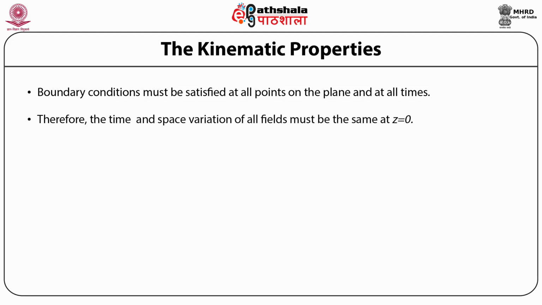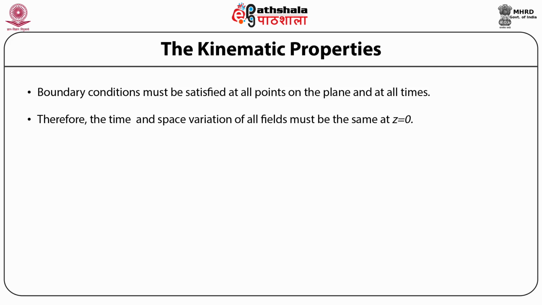Therefore, the time and space variation of all fields must be the same at the plane z equal to 0. The reason for this is that if we look at the plane z equal to 0, we see that the incident wave, the refracted wave, and the reflected wave all have that same point in common on the plane z equal to 0.